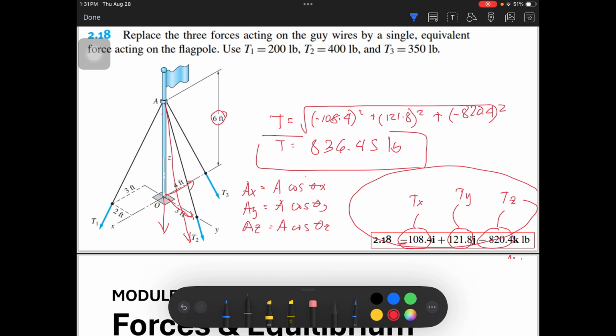So, pwede mong makuha itong mga theta na to kasi meron kang A_x, A_x is your T_x, yung negative 108.4, and meron ka ring A, and that is yung resultant. So, i-isolate mo lang si theta x, makukuha mo na yung angle niya. Okay?